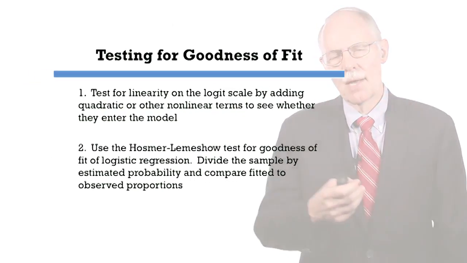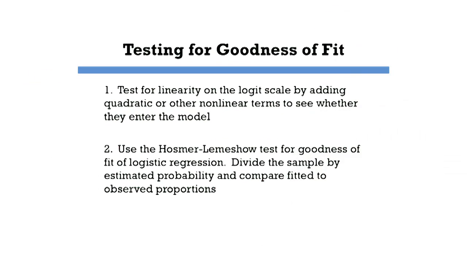Finally, I'd like to mention that when we're doing logistic regression, we do have to give some thought to the adequacy of our model. I mentioned 2 ways to assess the goodness of fit of the model here. First, is the relationship between the logit of response and the covariate linear?